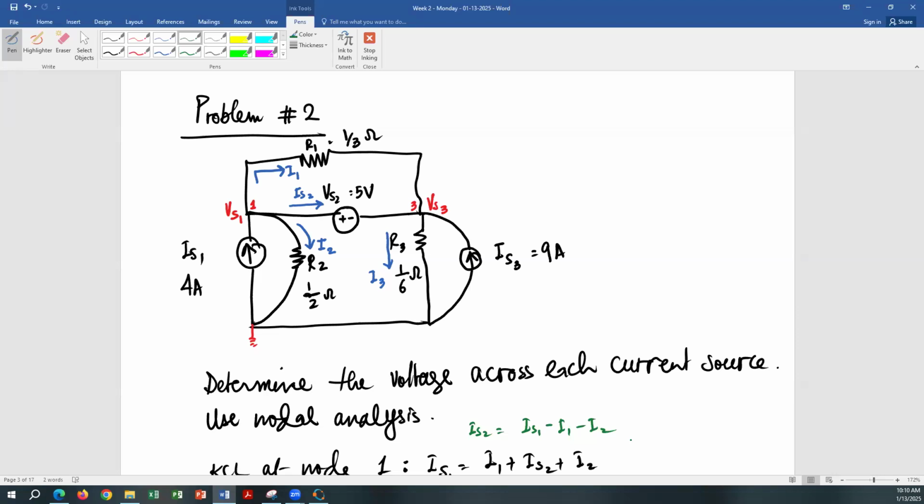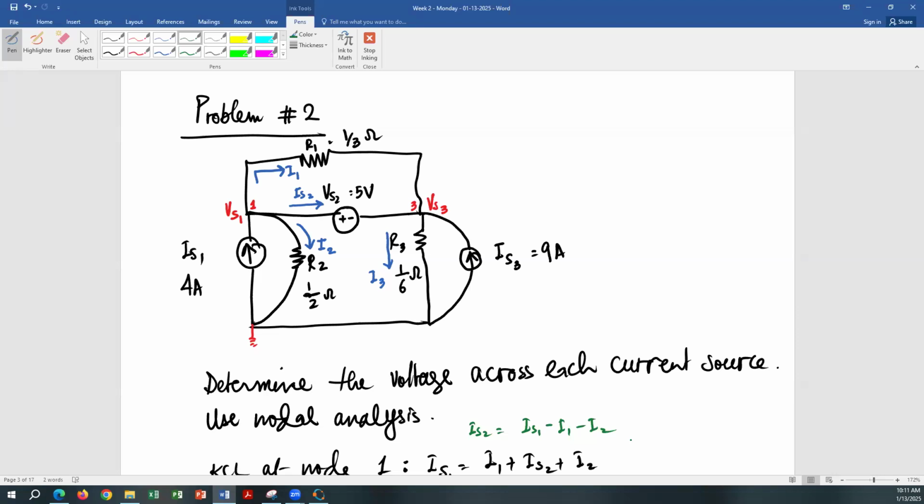We're just ignoring that current altogether. We assume that branch does not exist. And after you ignore that, in just one line, you're going to write the expression for both node 1 and node 3. On one side of the equation, you're going to write down node 1. On the other side, you're going to write down node 3.